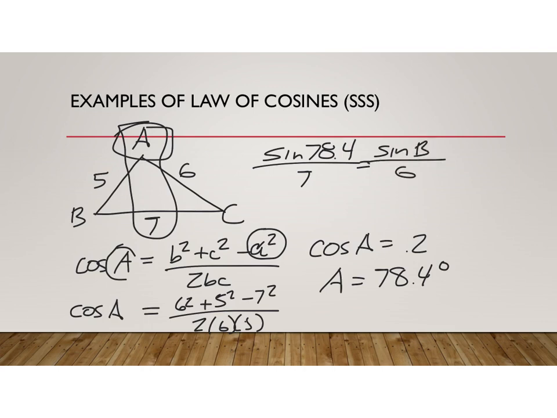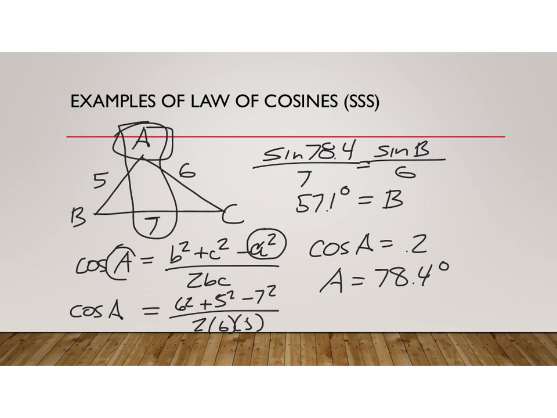Do my cross multiplication. 6 times the sine of 78.4 divided by 7. Take the inverse sine of that because I'm finding an angle measure, and I would get 57.1 degrees.